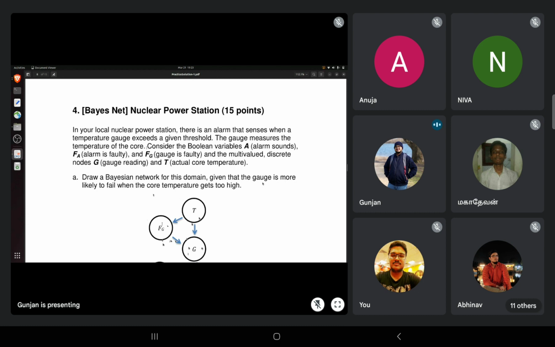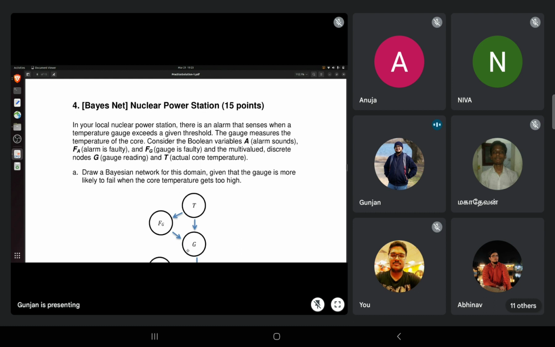And it being more likely to fail when temperature is high gives you this dependence link, that T goes to FG. Because if the temperature gets too high, the gauge will fail, and when the gauge fails, it will tamper with the readings of the gauge. So there is one direct path and one indirect path. In case the temperature is not too high, the gauge will not fail, and we can rely on the gauge reading, right?